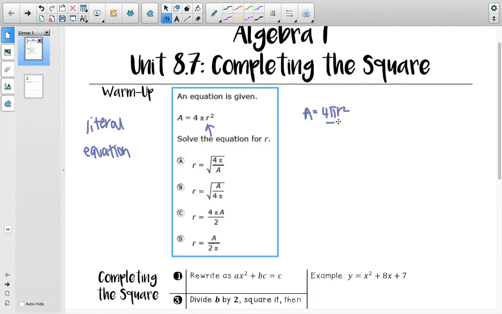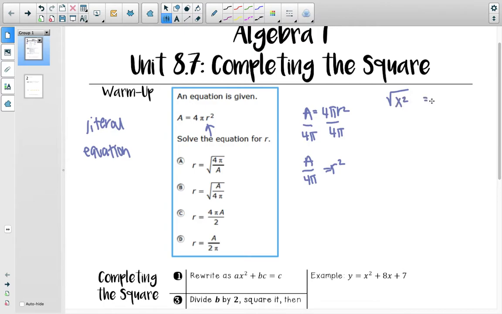So you want to solve for r, we're going to have to divide by 4 pi first, and that leaves us with this. So let's talk a little bit about squares, and we've talked about this already. What undoes adding is subtracting, and dividing undoes multiplication, and square roots undo something that's squared.